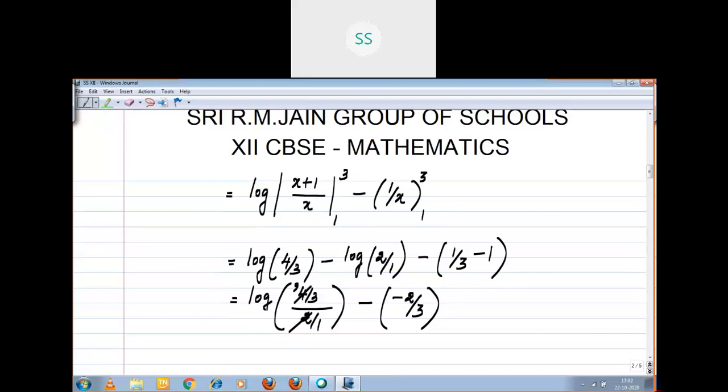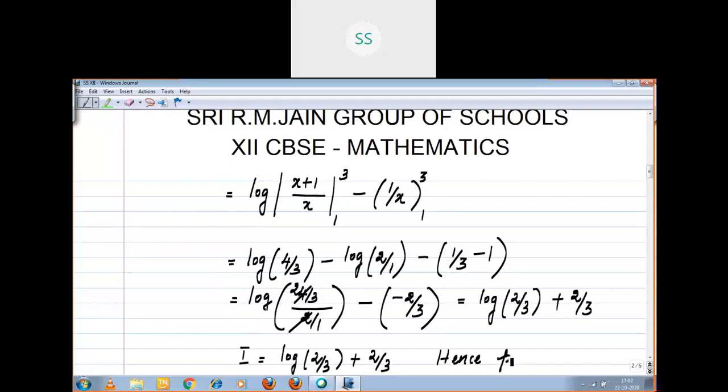You have to take LCM. Then here you see 2 cancels, which is equal to log of 2 by 3 plus 2 by 3. That is what they are expecting us to prove, that we proved at the end. Now I equals log of 2 by 3 plus 2 by 3. Hence proved.